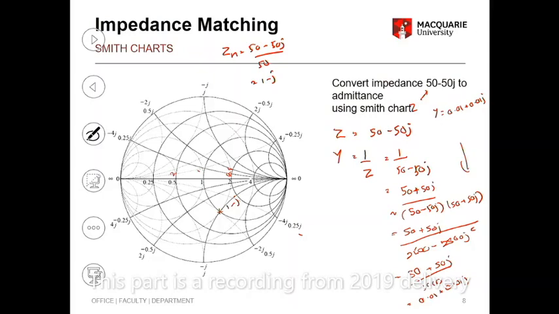Are you guys getting what I'm doing? So I found the real resistance circle and the minus J, which is this one. So it's 1 minus J. Now I have this circle that is a conductance circle that goes through here, right? Initially I used the resistance circle to come here.